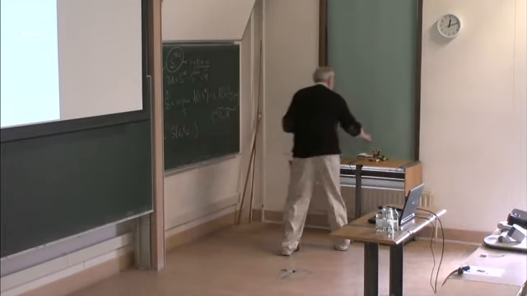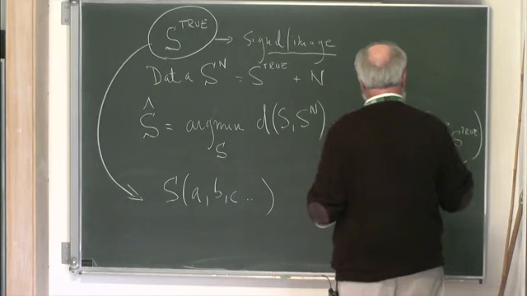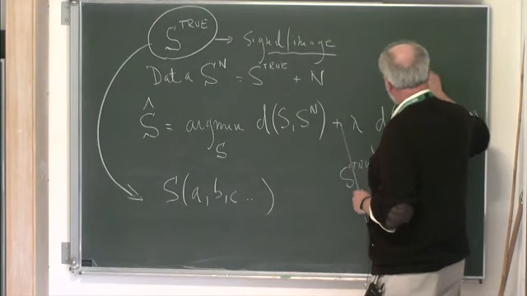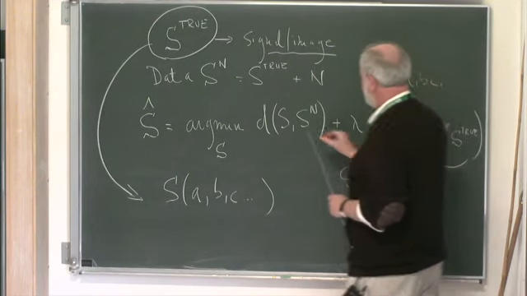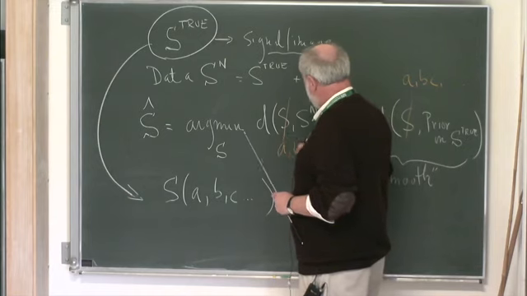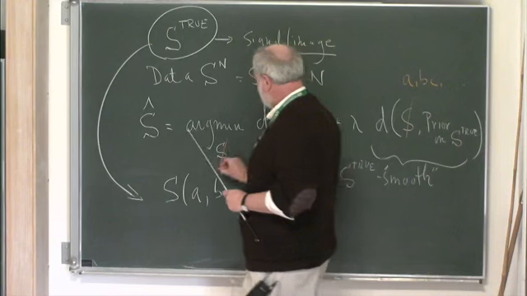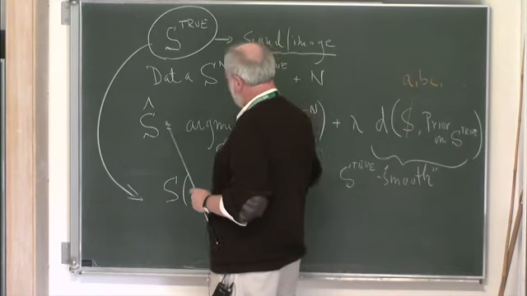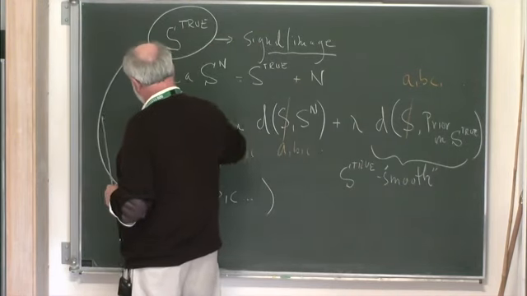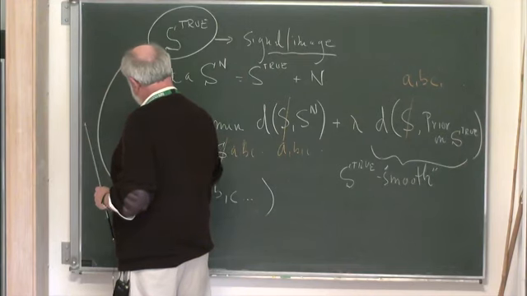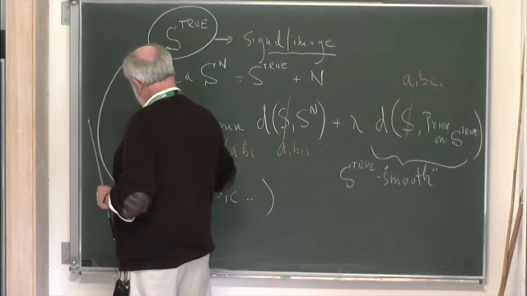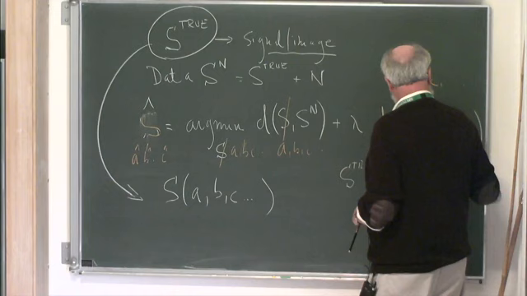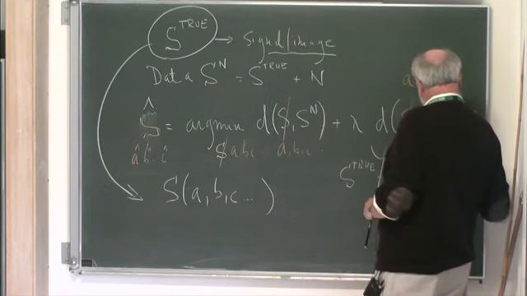We are not going to recover S anymore, but we are going to recover A, B, C, and so forth. And here we do the argmin on A, B, C, and so forth, and we estimate not S, but some A, B, and C. And here we have to do not a prior on the S true, but a prior on A, B, C, and so forth.